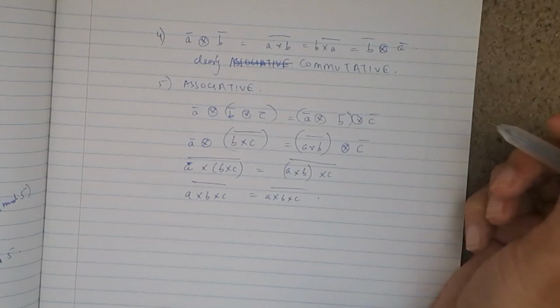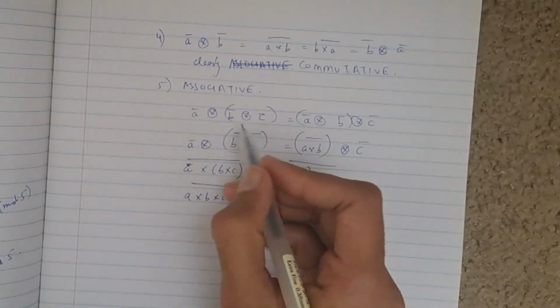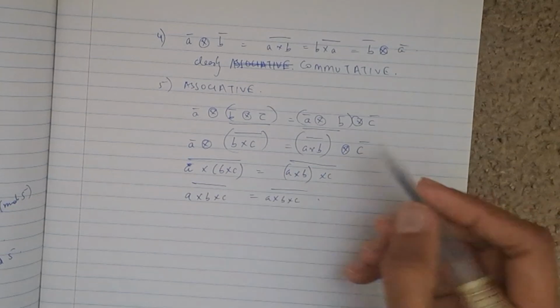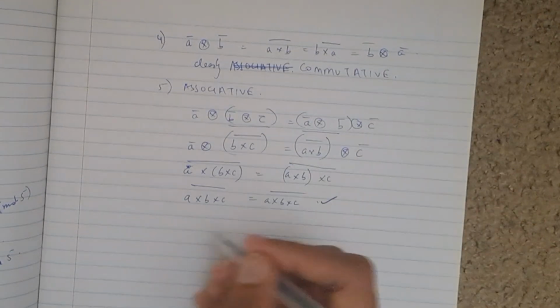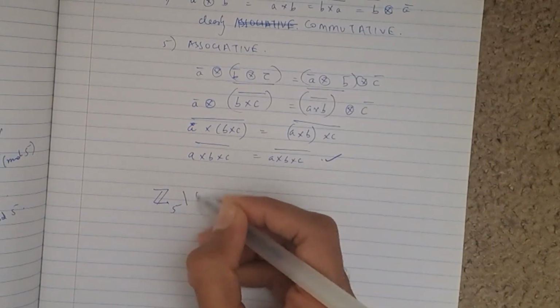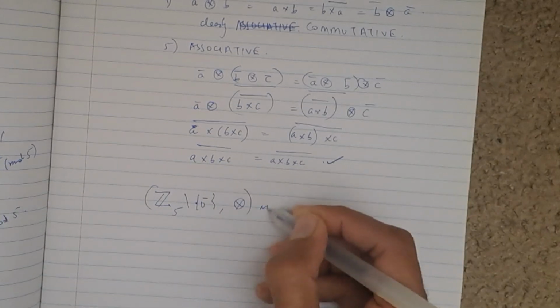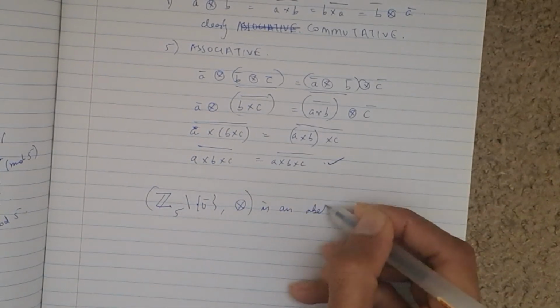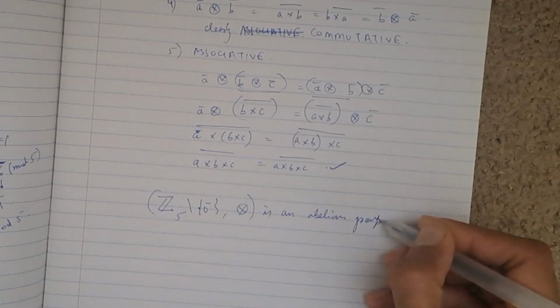This is again clearly true, and so you can argue that this is also associative because when I tried to associate them in different orders, the result was at the end of the day the same. So you can say with complete confidence that Z5 is an abelian group as it satisfies all 5 criteria.